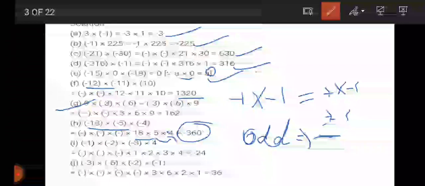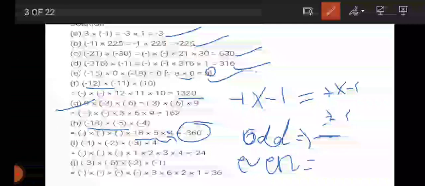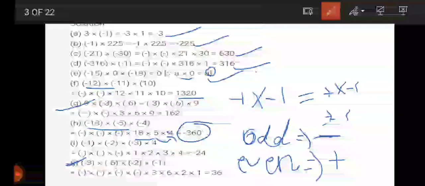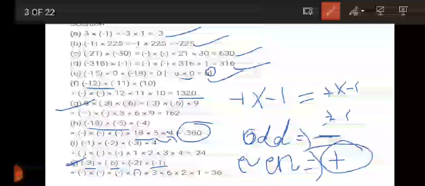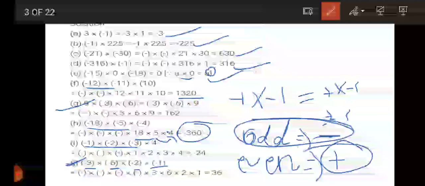And if the number of integers is even, you get plus. Maybe you have a question here, it is an even form, how many numbers, 1 2 3 4, it's even, and an even product is always positive, and here is an odd form, so the answer is negative. That's why. Okay, hope it's clear.